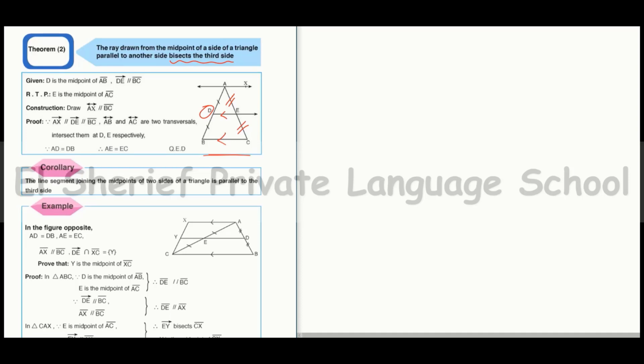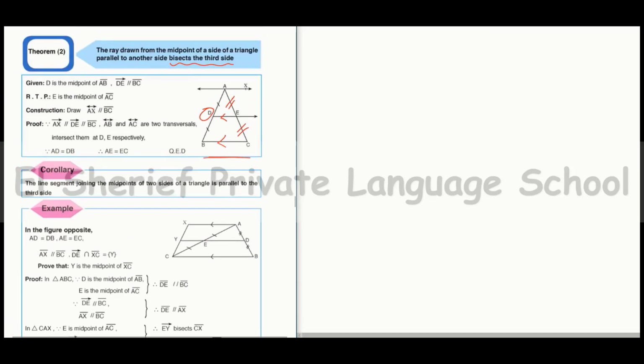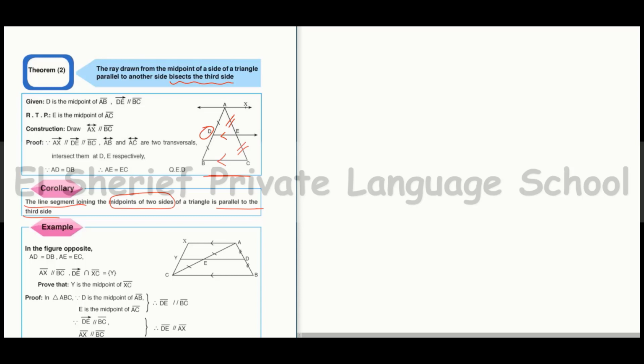Corollary on it بتقول ايه؟ The line segment joining the midpoints of the two sides of a triangle is parallel to the third side. If we have a line segment joining the two midpoints of two sides of a triangle, then this line segment is parallel to the third side.